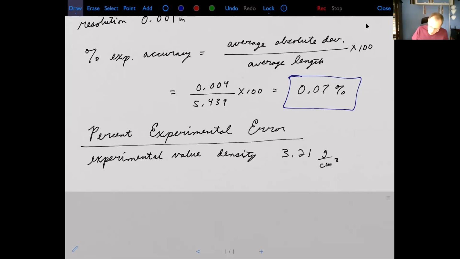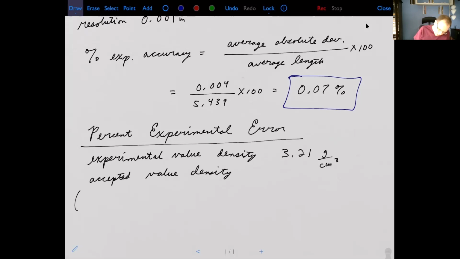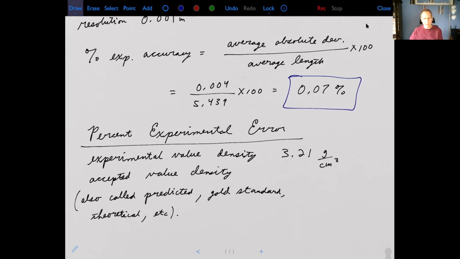And then we found that the accepted value for density, remember, this is also called the predicted, I might use gold standard or even theoretical. Etc. Right? There were several ways of describing the accepted value.